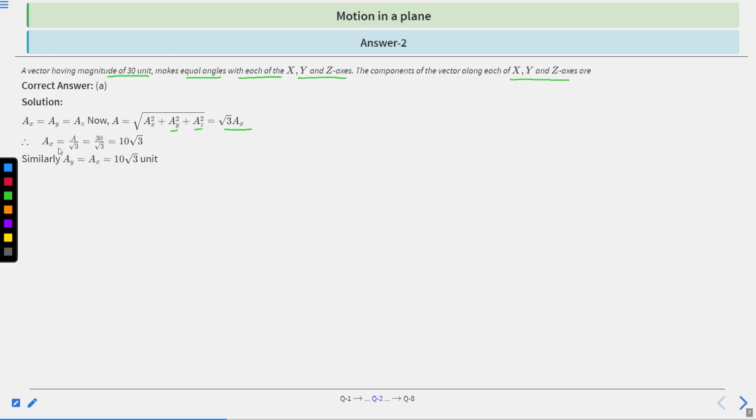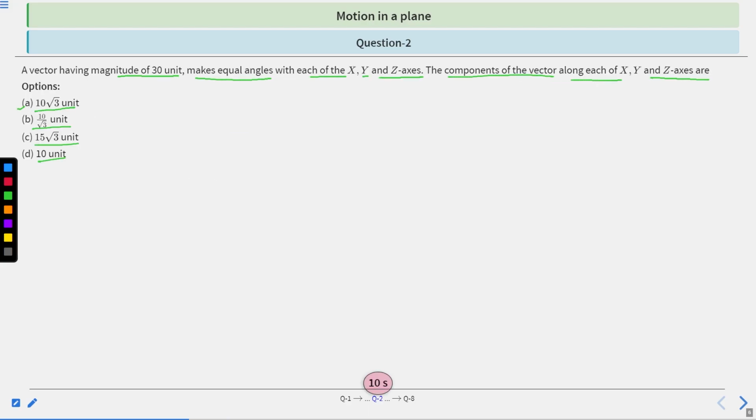So ax is A by root 3, where the magnitude of A is 30, so it will be 10 root 3. Similarly ay, because ax, ay, and az are equal, so the answer is 10 root 3 unit. A option is correct.